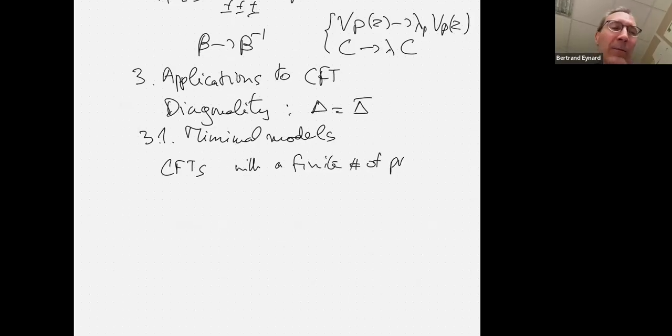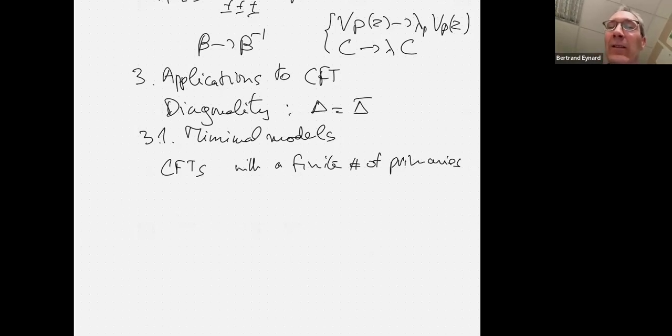You can classify the corresponding torus partition functions by solving modular invariance. So if you want, modular invariance equations are analogous to crossing symmetry equations, but they are technically simpler. If you solve modular invariance, assuming you have a finite number of primary fields, you find a classification of conformal field theories of minimal models.